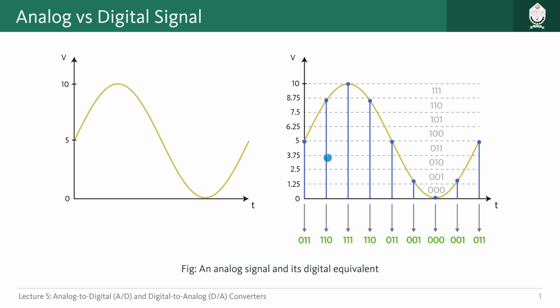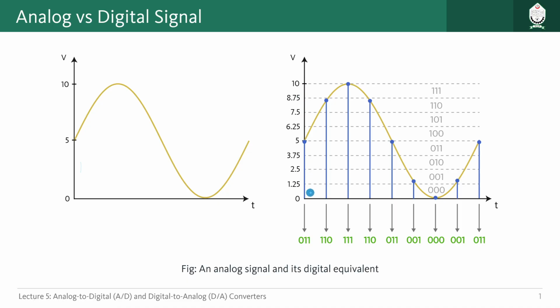After that, the amplitude portion is still continuous, so we will quantize that through a process called quantization. You can see in this graph what we have done. The minimum voltage for the analog signal was 0 volt and the maximum was 10 volt, right? So we will divide this whole voltage range from minimum to maximum into some states.